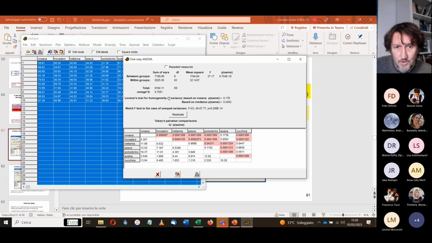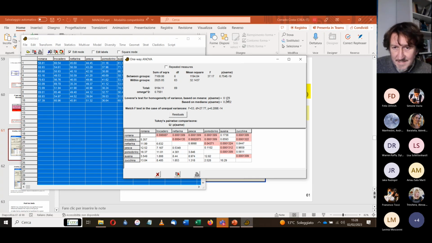So this row should be positioned above. So the Levene test for homogeneity of variance is confirmed. So they have the same variance. And so we can go here to the F test with the same variance.